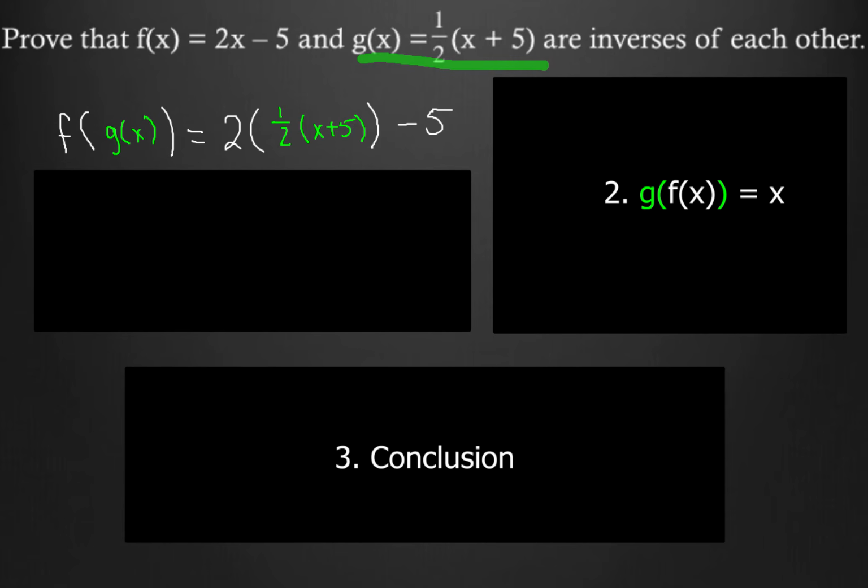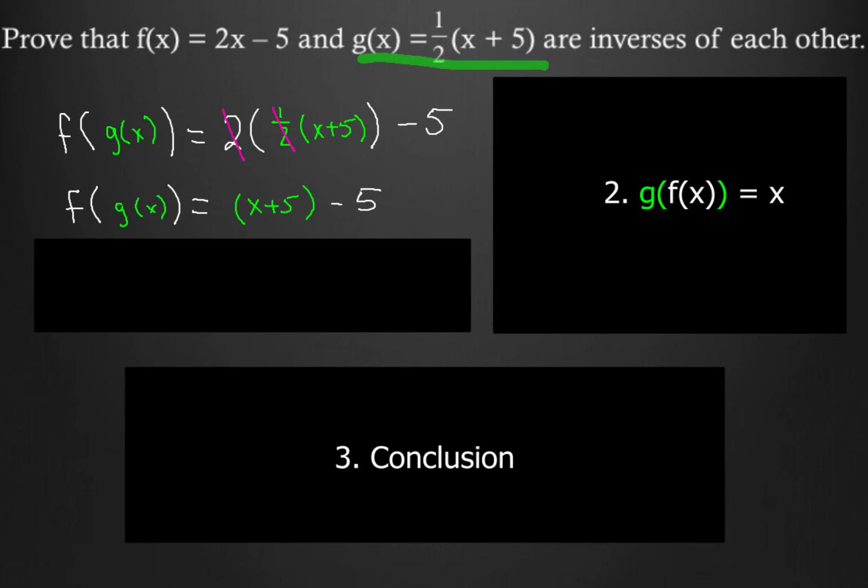So when we plug in g of x, just take your time, make sure you do your algebra correctly when you make that substitution, and pay attention to parentheses, because that's where a lot of people will go wrong. Now notice, after we make that substitution, one of the things that I'm going to do real quickly here is cancel out this 2 and the 1/2, because 2 times 1/2 is just 1.